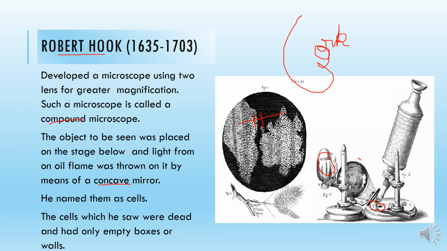So he said that cork was made up of cells. Ultimately, the discovery of the cell was done by Robert Hooke, but he saw dead cells. The cells which he saw were dead and had only empty boxes or walls.